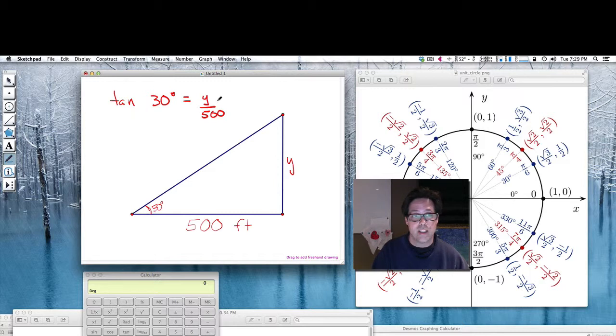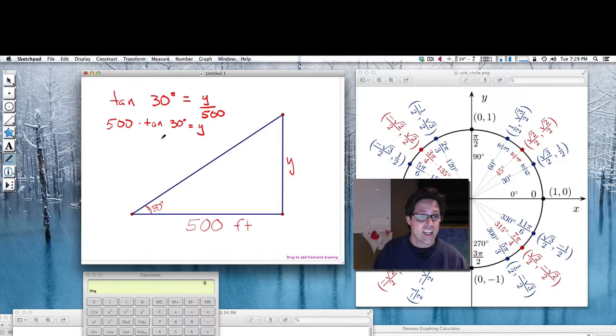We'll leave that as y, but the adjacent we do know is 500 feet. And this ratio is the same as the tangent of 30 degrees. So how do we find y? Well, let's just multiply both sides by 500. And we'll be able to find out what the height is.